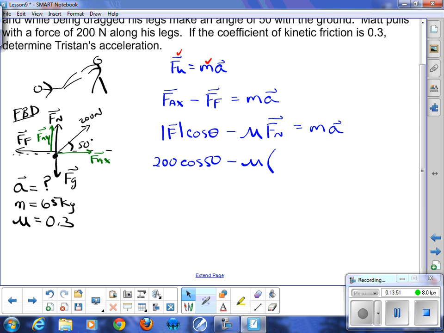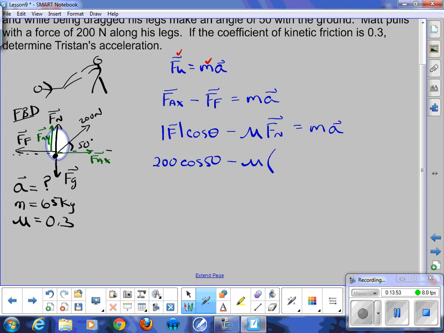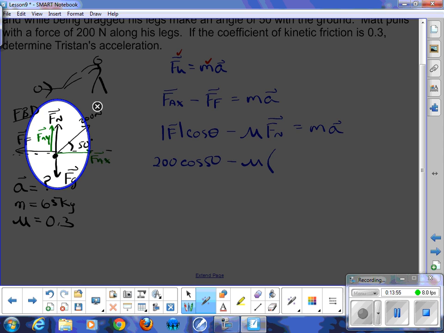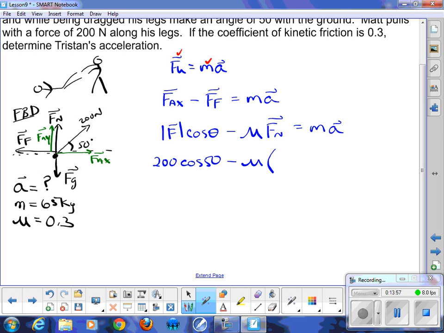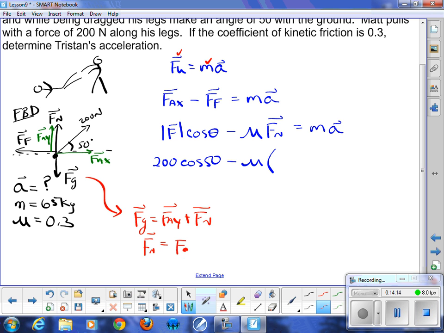So now I'm looking over here. If I take that formula, we know that force due to gravity is equal to FAY plus your normal force. So if I want to find my normal force, rearranging, normal force is equal to force due to gravity.